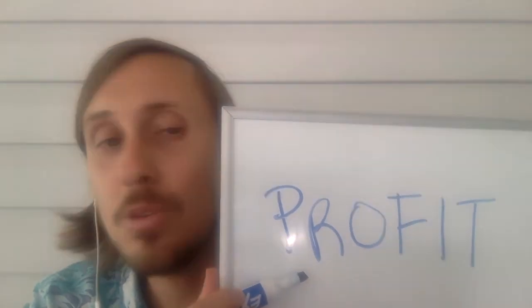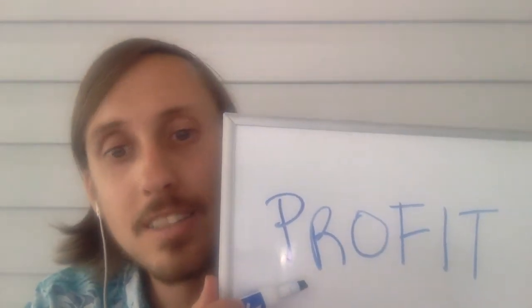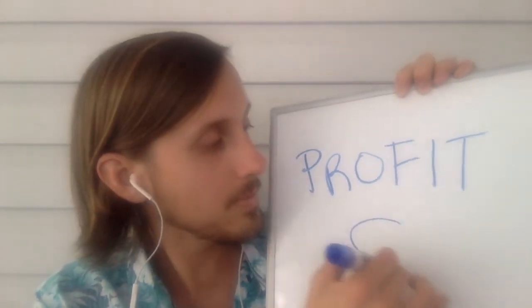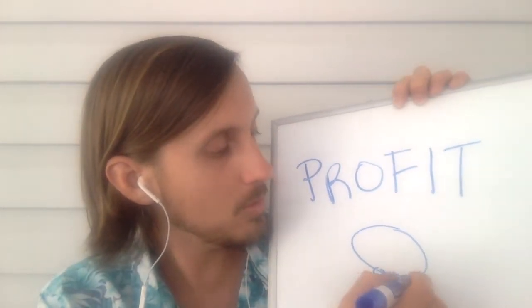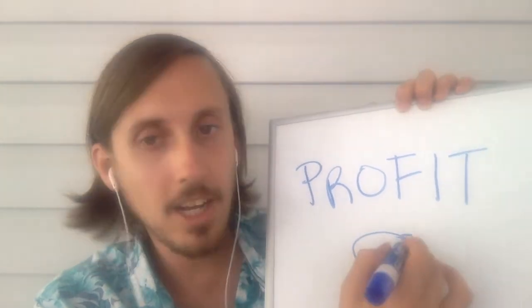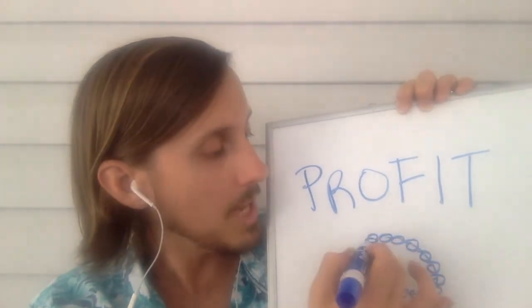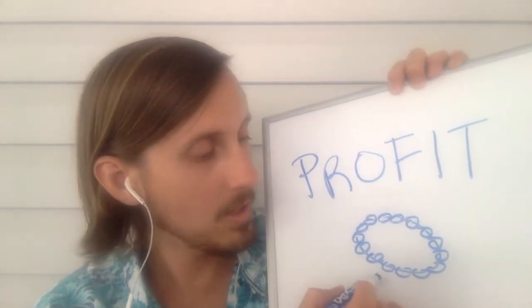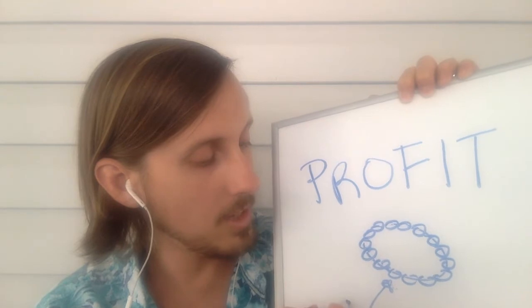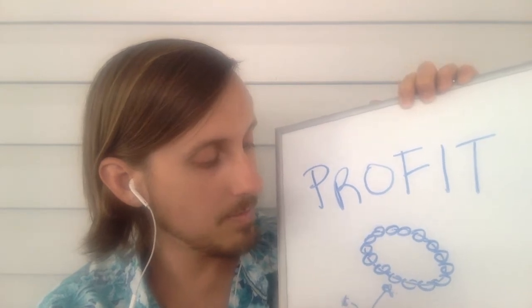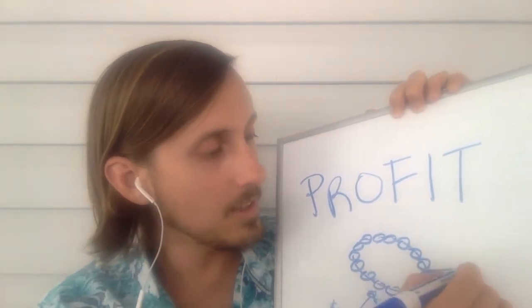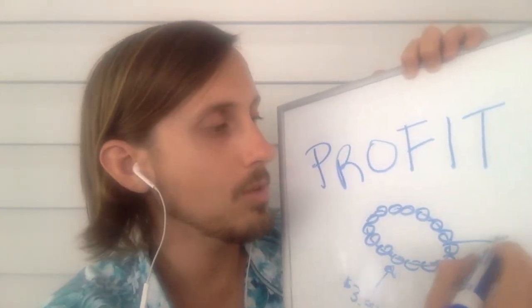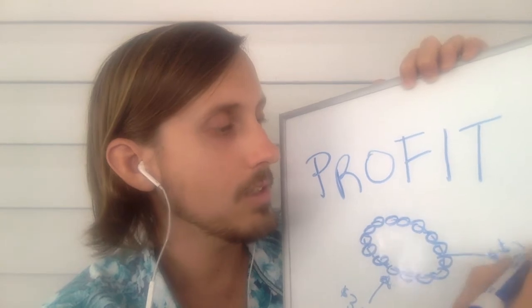So if you create, let's say, a bracelet, you make a bracelet at your house, and imagine that these little circles cost you, let's say, $3. And let's say that the thread that you use cost you $2, okay? Just imagine.